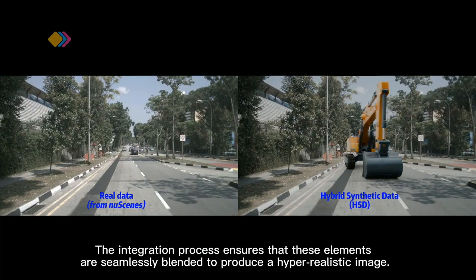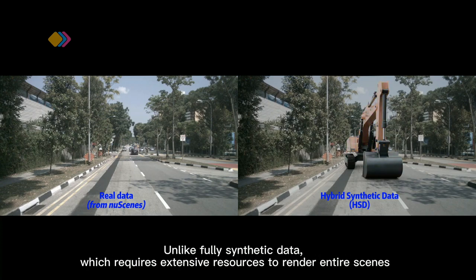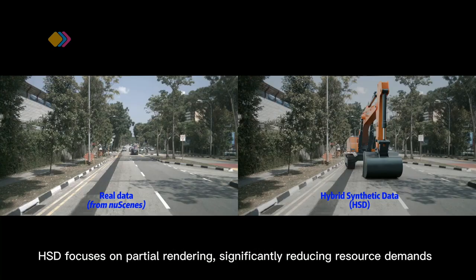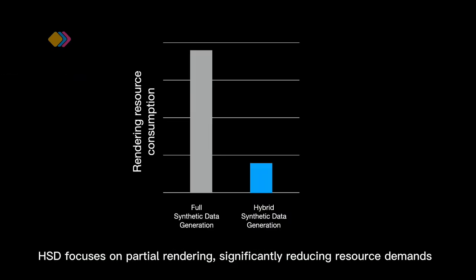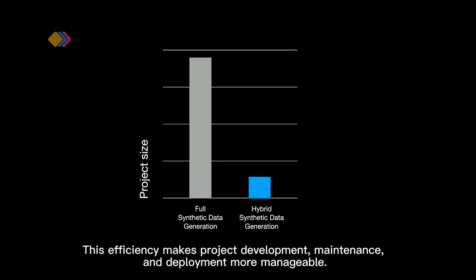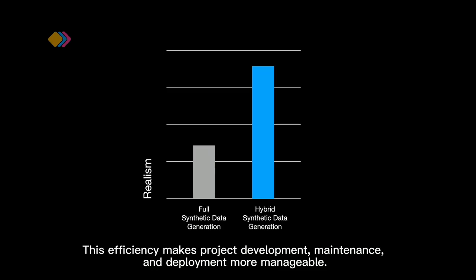The integration process ensures that these elements are seamlessly blended to produce a hyperrealistic image. Unlike fully synthetic data, which requires extensive resources to render entire scenes, HSD focuses on partial rendering, significantly reducing resource demands. This efficiency makes project development, maintenance, and deployment more manageable.